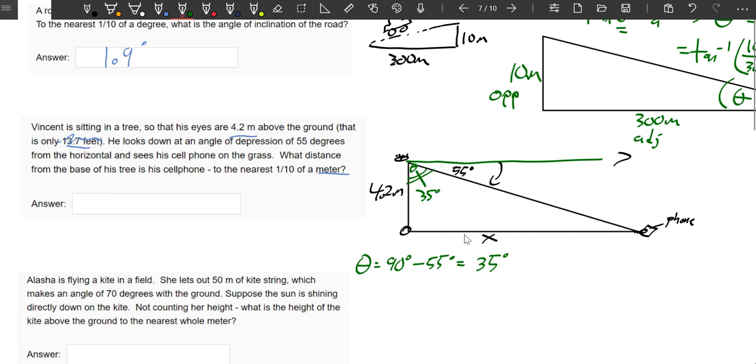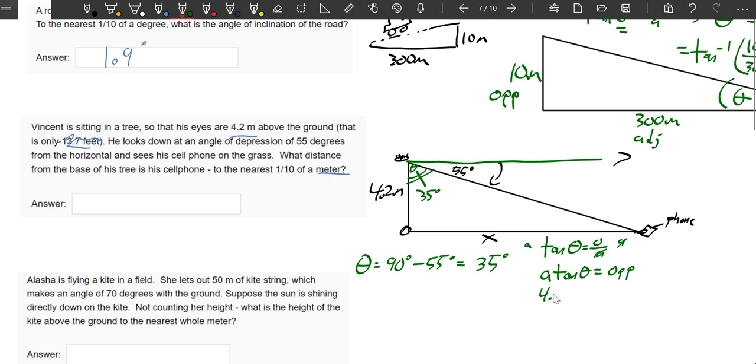And I want to know this side. So this is my opposite and my adjacent. I'll use tan. I am looking for the opposite side, so I'll multiply both sides by A. And when I do that by A and by A, this side cancels out, that side doesn't. So my opposite side here is A adjacent times tan of theta.